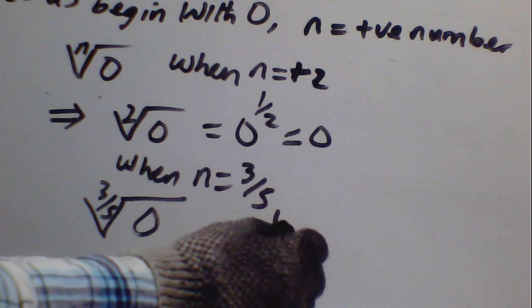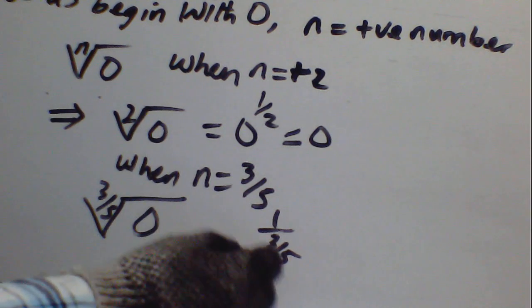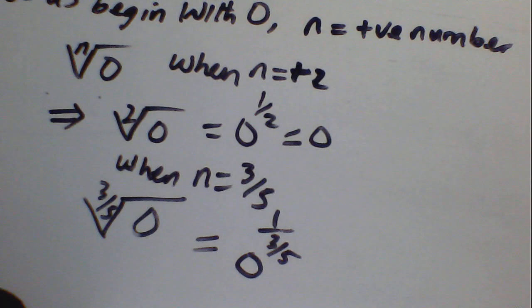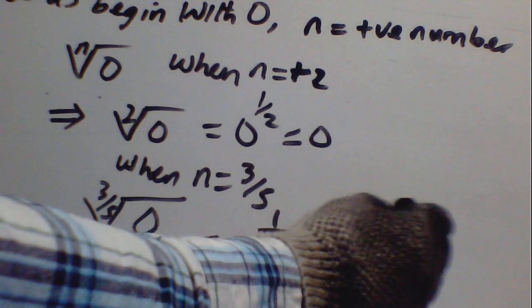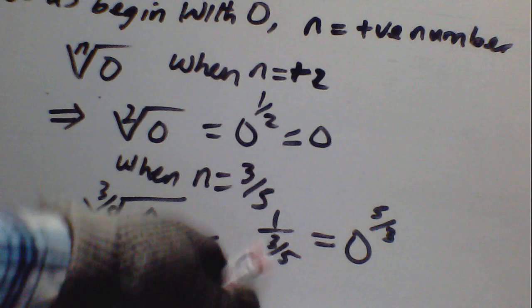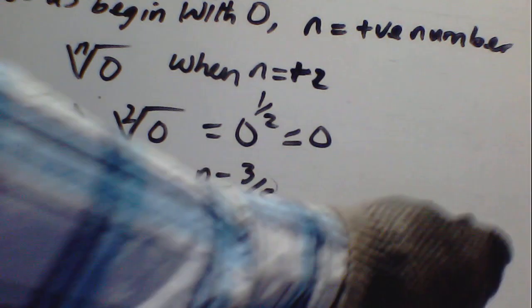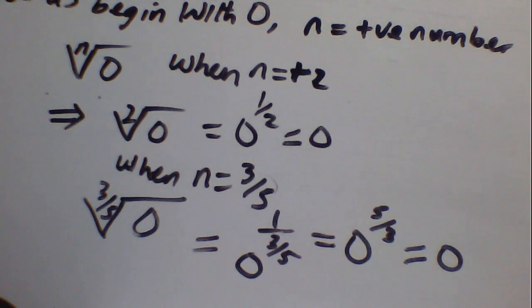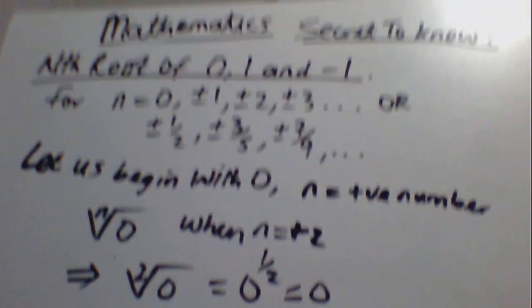Since 1 divided by 3 over 5 is the reciprocal of this number, it gives us 5 over 3. So we have 0 to the power of 5 over 3, which will give us 0. So this is the second thing you have to know about the nth root of 0.